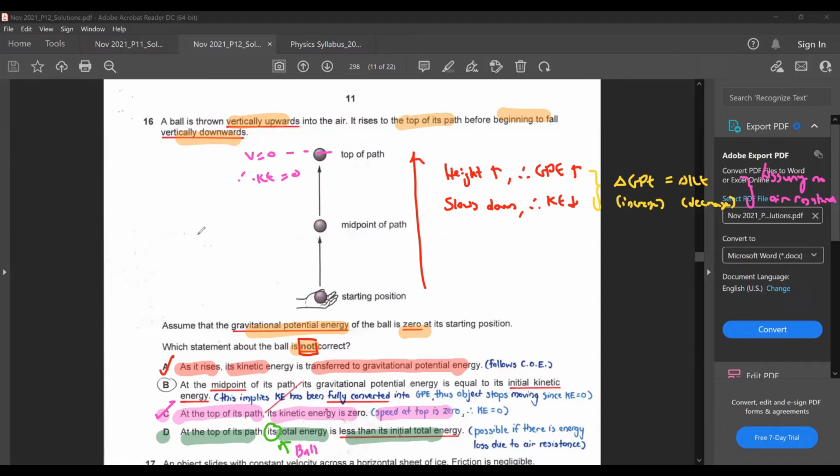Just now I told you, if you rise up, GPE increases, KE drops. The increase in GPE is equal to the drop in KE, assuming no air resistance. But if you have air resistance, you would actually have energy loss due to air resistance.